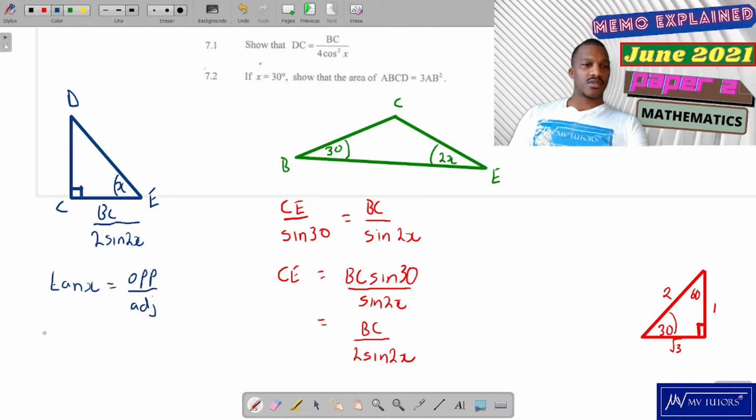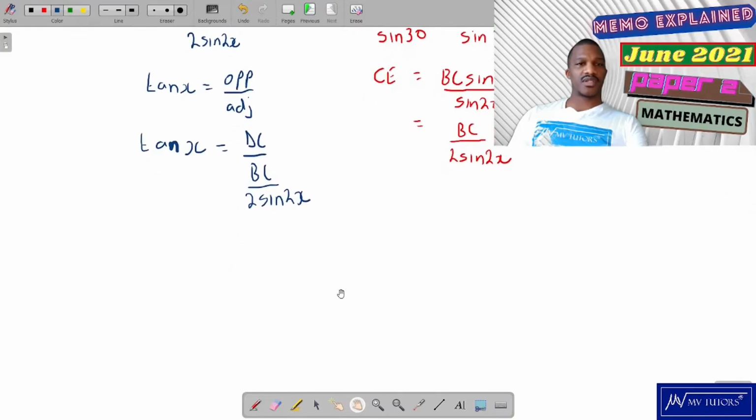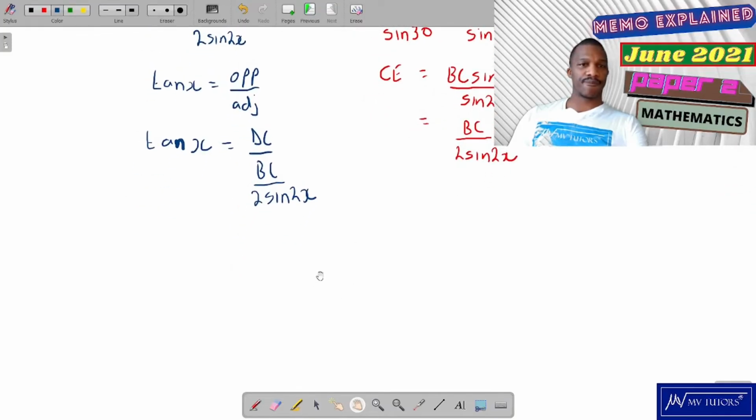So tan x is equal to, the opposite is DC, what we are looking for, divided by the adjacent, which is BC divided by 2 sine 2x. Okay, let's bring it a little bit there.